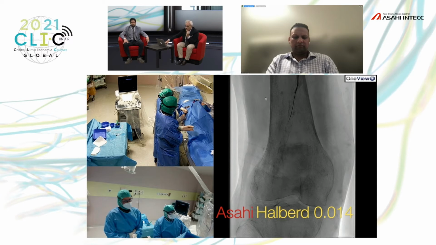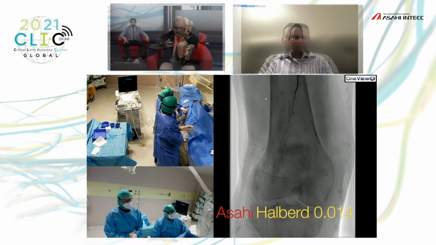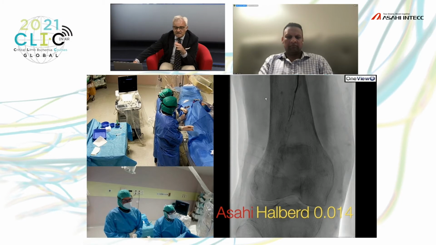This wire is a 1/4 Albert ASAHI. I remind you that this wire is a CTO dedicated wire, pre-shaped. Later we will discuss and see better the tip of this wire and its construction.